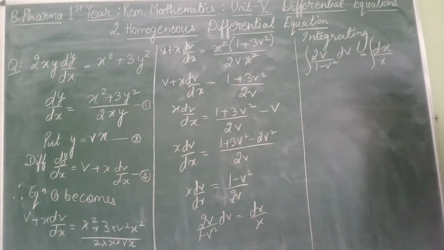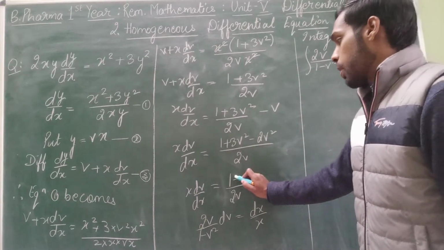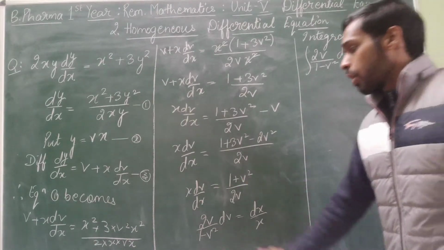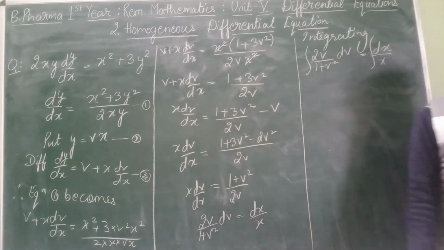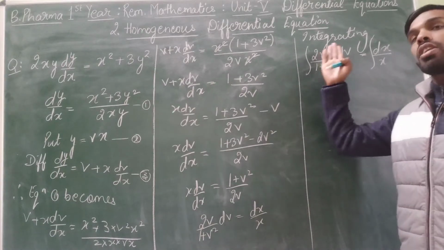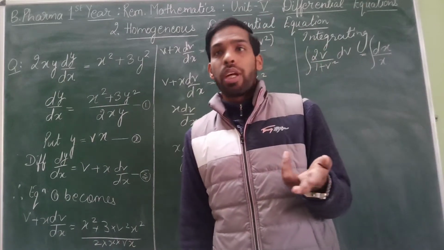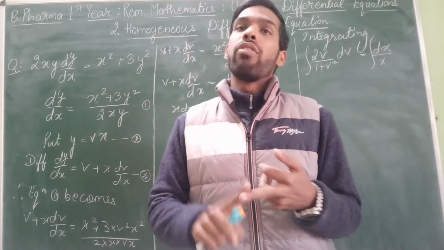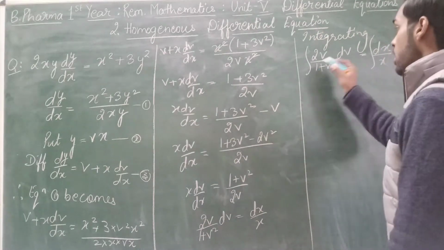But before that, wait, I think here it is 1 plus v square, and now here you can see that function in the denominator, that is 1 plus v square, and the differentiation is in the numerator. If you just check what is the differentiation of 1 plus v square, differentiation of 1 is 0 and v square is 2v, so 2v is exactly present in the numerator, so what will its integration be?